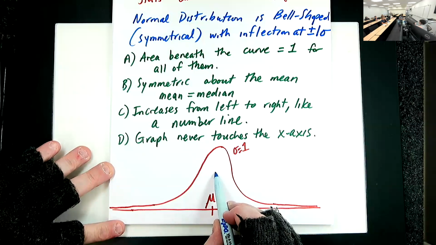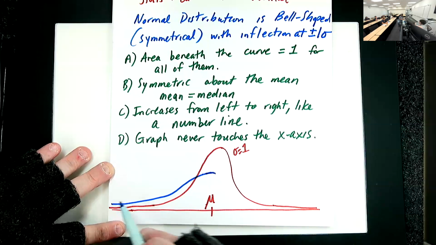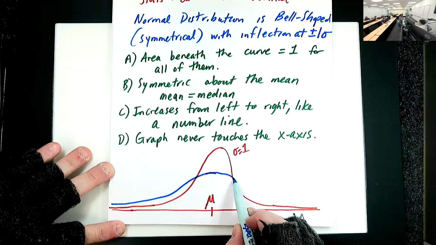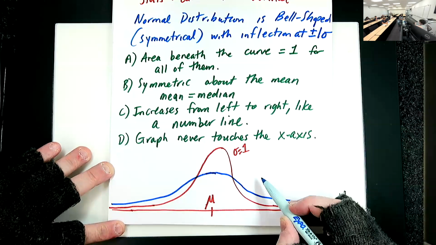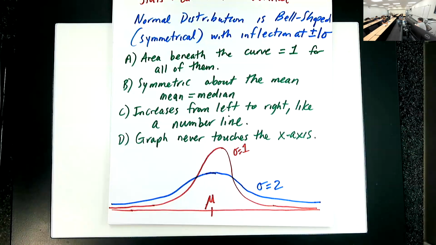It's going to be flatter, and it goes down slower as we go to the edges. So that may be something like sigma equals 2. As an example, they can both have the same mean.